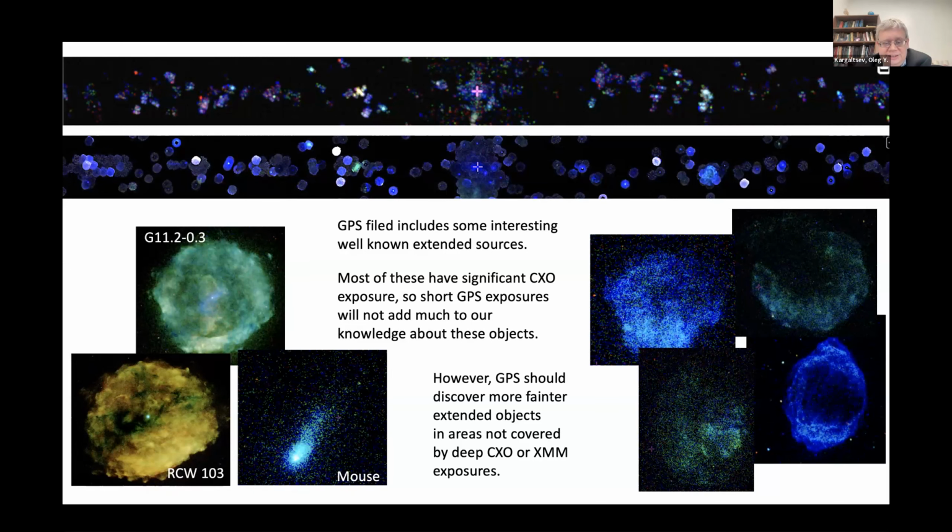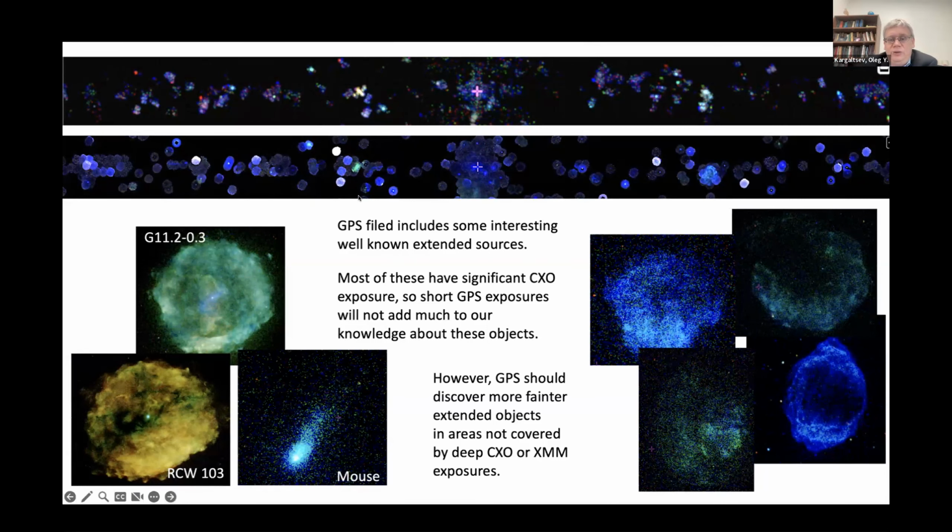But these objects have been studied by Chandra, some of them with quite long exposures, so the GPS will probably still produce better data for some of these objects than exists, but on the other hand, people did target those objects. Now the GPS will probably discover some new extended objects like these in areas that are not covered by current pointings with Chandra and XMM, and this is really important and interesting. But because the GPS exposures are necessarily shallow, otherwise we would need much more time than 3.6 megaseconds, right?